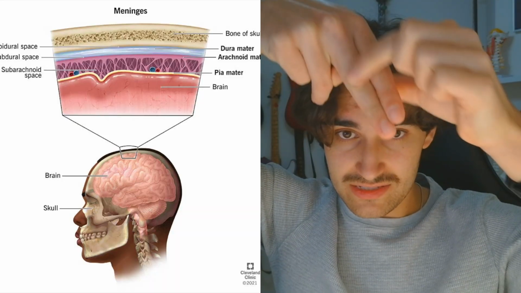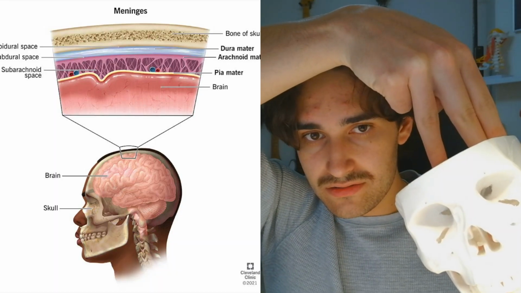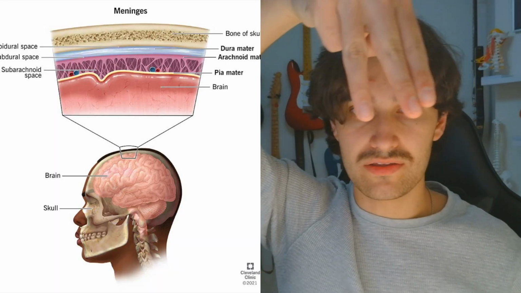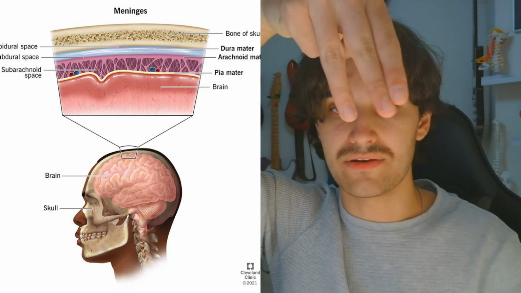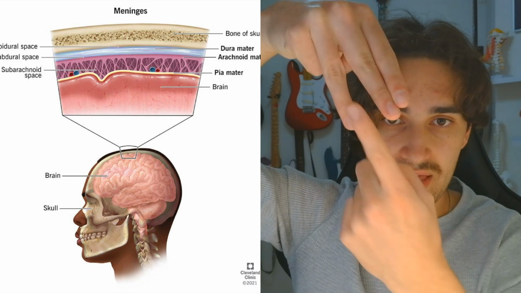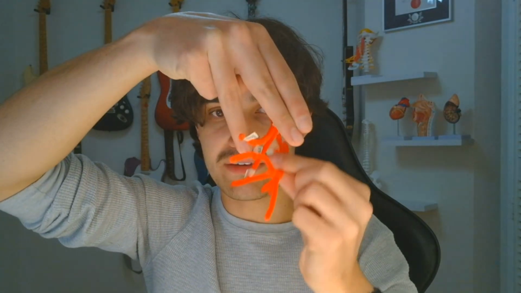And then we have the arachnoid mater, sitting next to it. And then we have a small space called the subarachnoid space, so beneath the arachnoid mater. And that space is filled with cerebrospinal fluid, as well as with blood vessels that supply the brain, cerebral blood vessels.